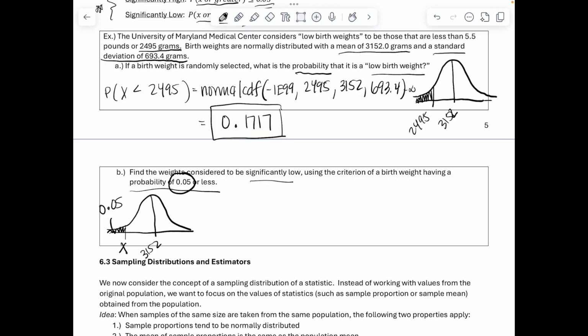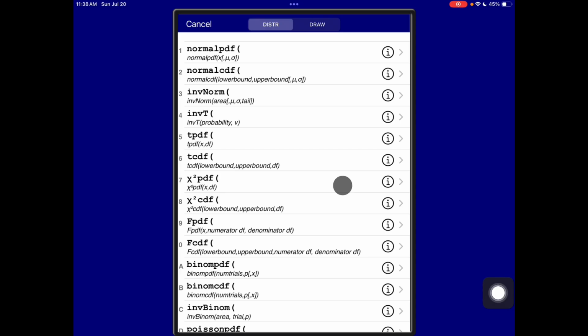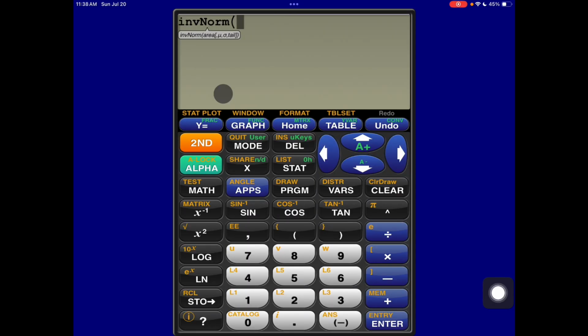And so in order to find this x value, that weight that we need, we're going to use inverse norm. Area to the left is 0.05. Our mean is 3,152 and standard deviation is 693.4. On your graphing calculator, you need to go to second vars, go to inverse norm.